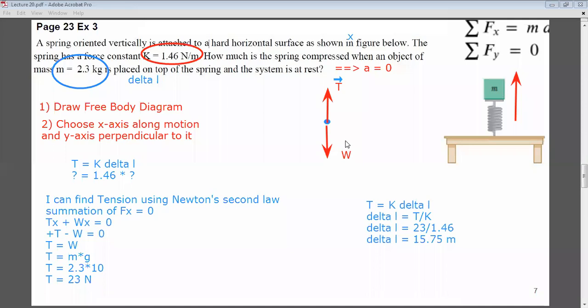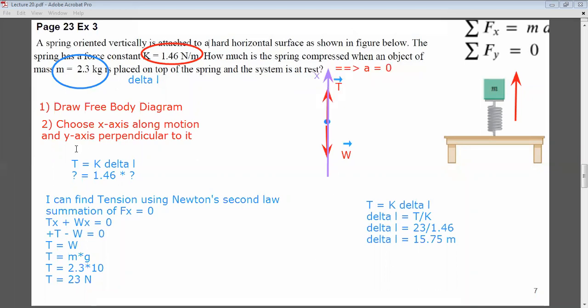Then I have to choose the x-axis along the line of motion. It's actually at rest, but if it were to move, it would move either upward or downward. So I chose upward to be the x-axis.